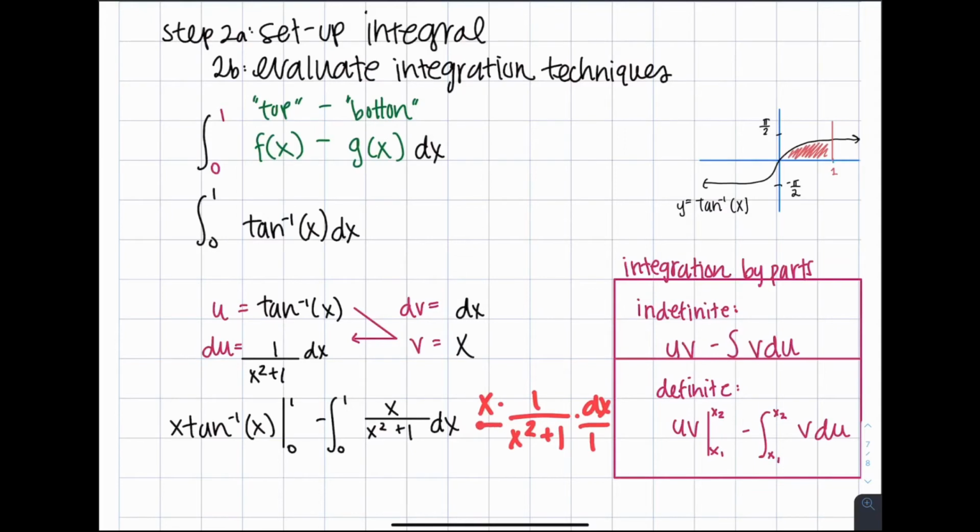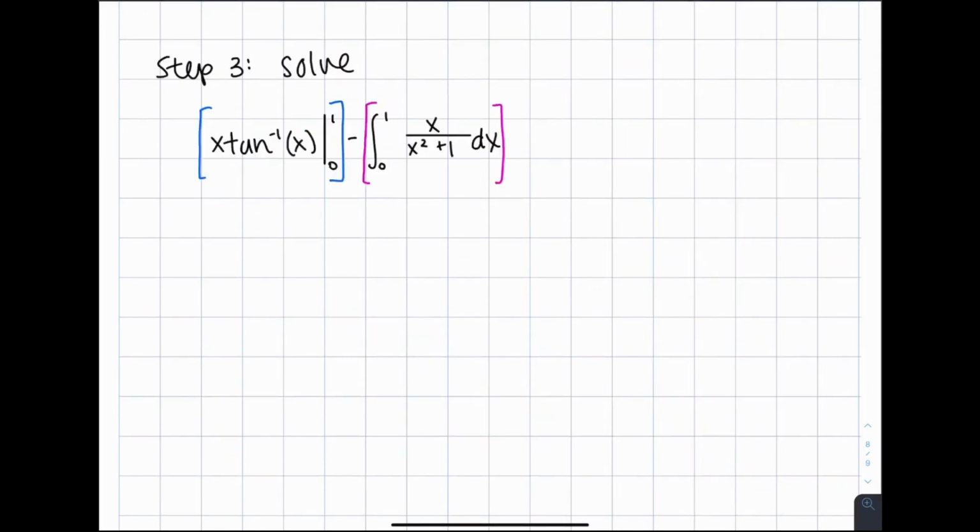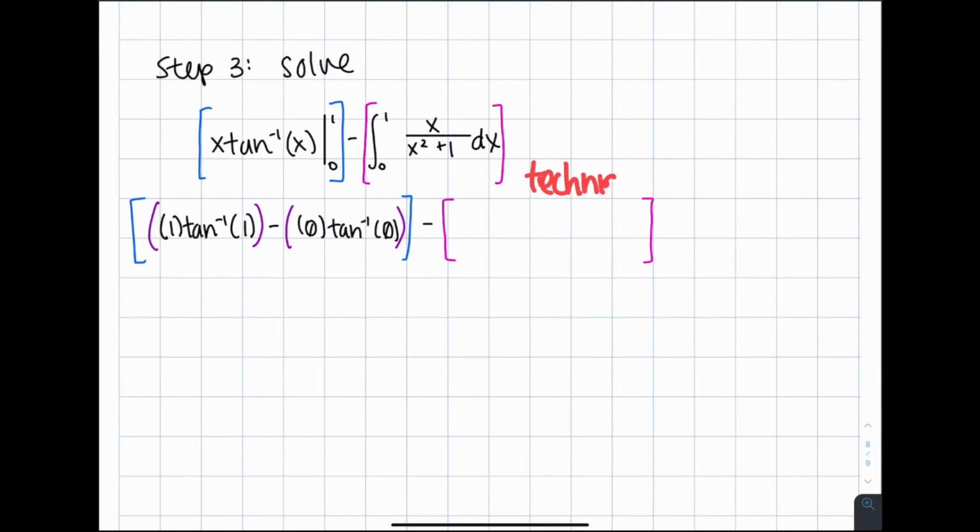And both of these sections look good to solve, so let's go with this integration technique. I'm going to solve these sections separately. On the right side, after assessing the integral, I'm going to choose u-sub to solve this side. But before then, let's solve the left side.